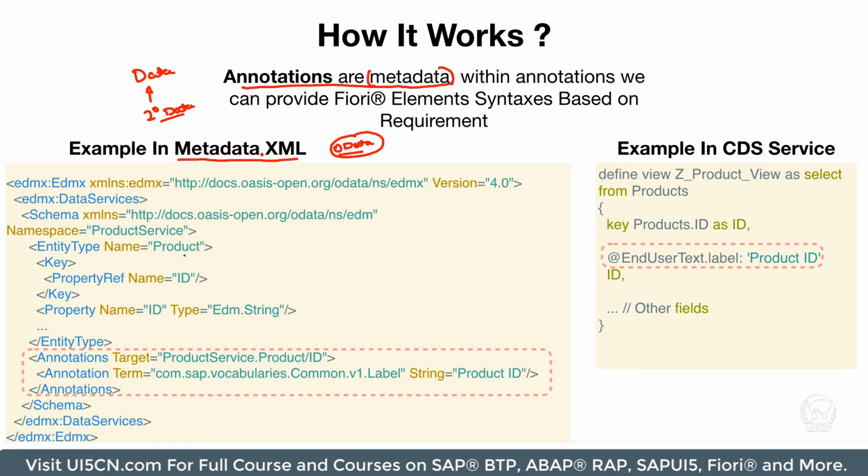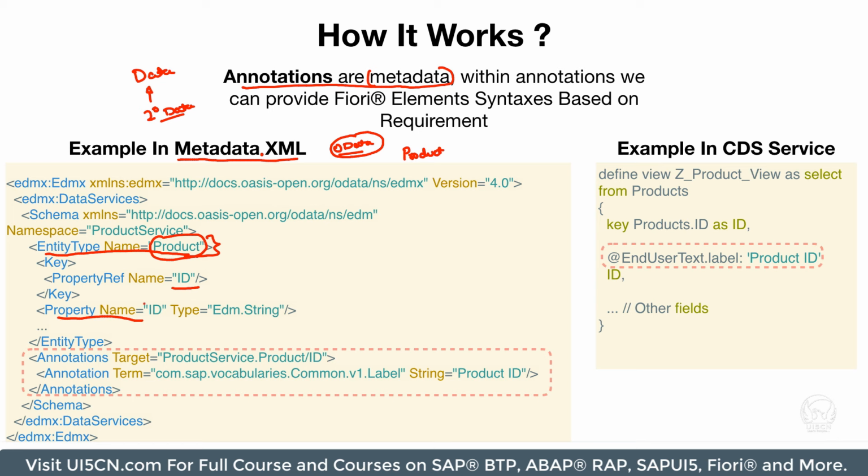Imagine this is the OData service, and let's call it product. This service is going to provide information about the product. You can see that the entity name is product. The main entity for which this OData service is providing data is products, and it's going to provide properties, and in the properties you can see what the fields are.